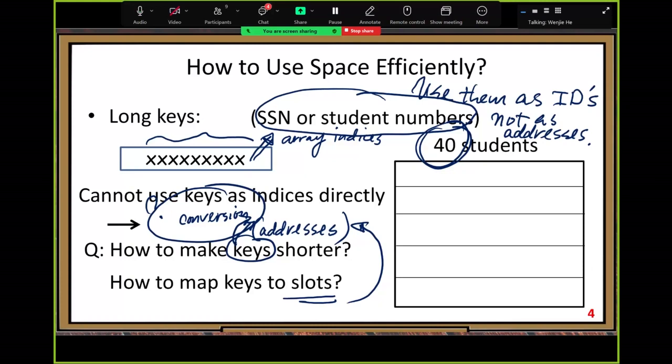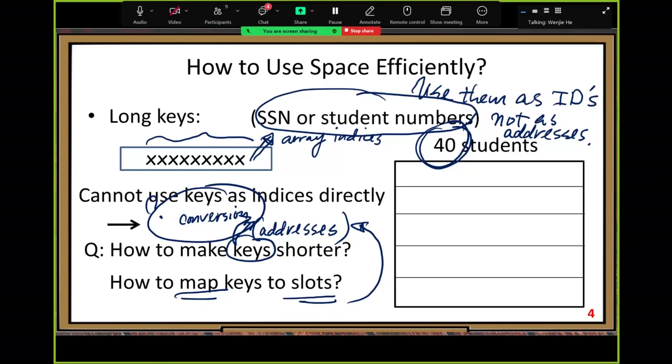So the addresses of those slots come from the search keys with some mapping. So here you see this word, map, from mapping. The mapping operation. Mathematical mapping.